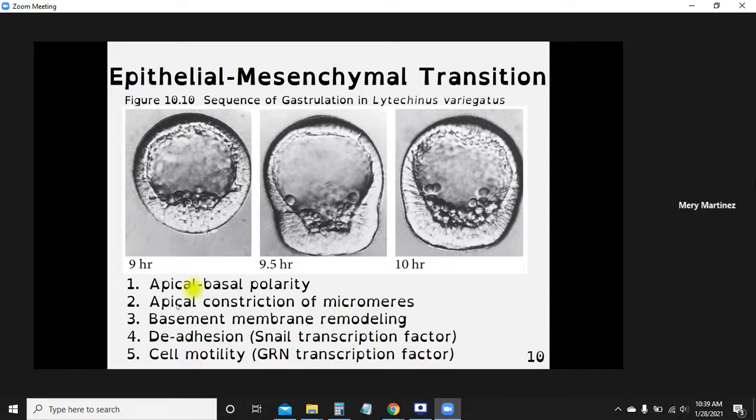So, 5 steps. These cells at the vegetal plate can lose their connection and gain the inside of the blastocele, and all of this just within an hour. It's amazing, no?